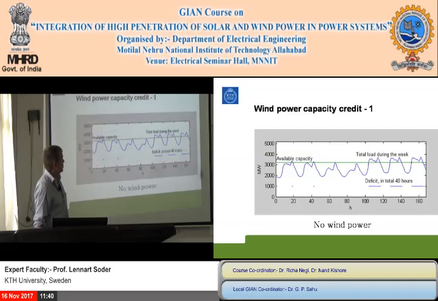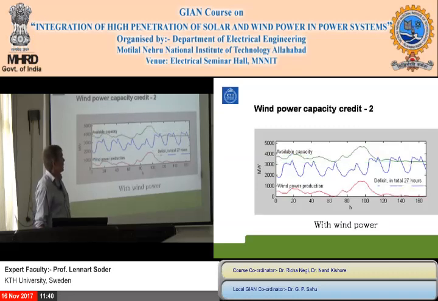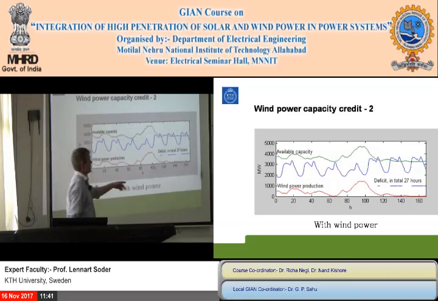So what happens when you get wind? You take away some of the problems. The reliability increased. Here you have a deficit during 40 hours, then you have wind, then you got a deficit only in 27 hours. You managed to take away some of the problems.